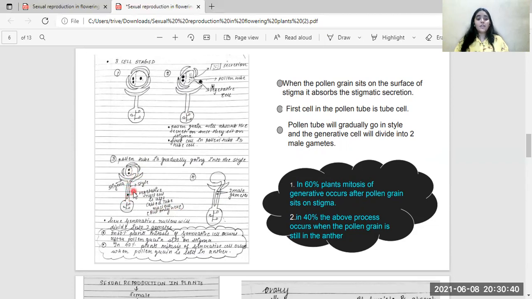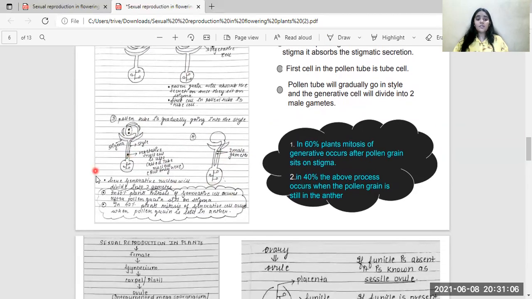Then the vegetative cell degenerates because it has finished its work. And then the generative cell, the two cells over here, slowly go into the pollen tube, and they divide into two male gametes.